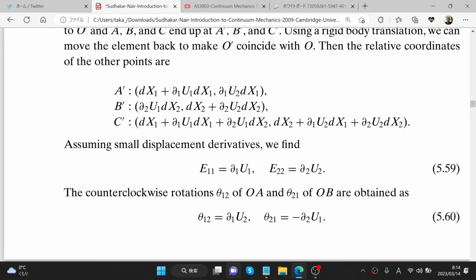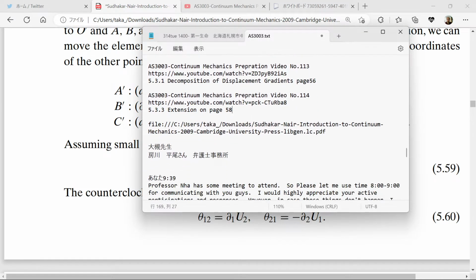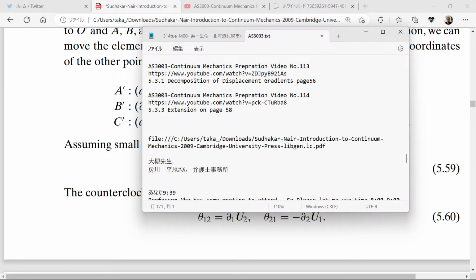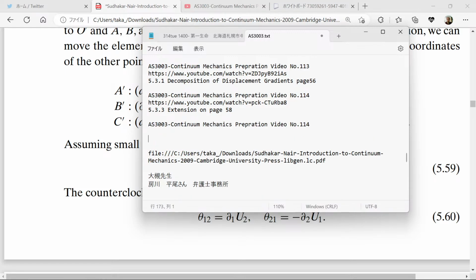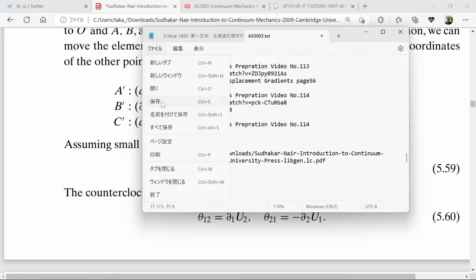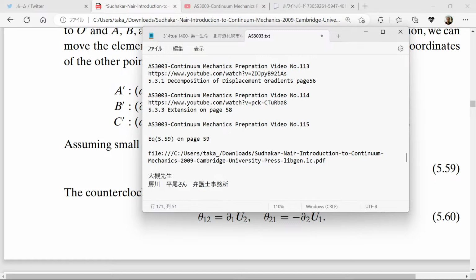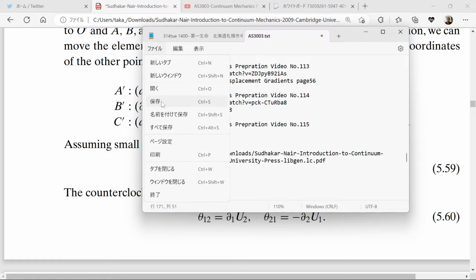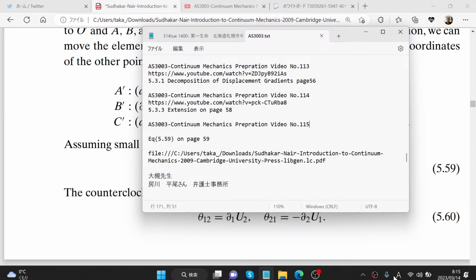Page 59 is next. Equation 5.59. Okay, this is what I will do next. Okay, so see you next time.